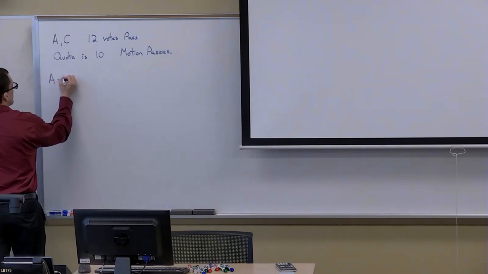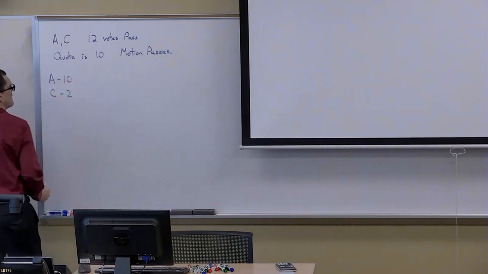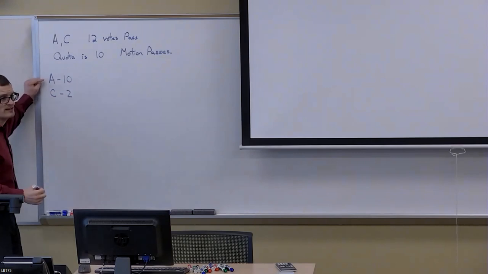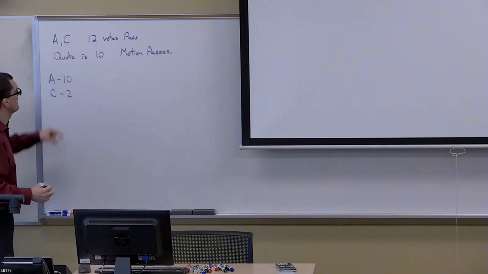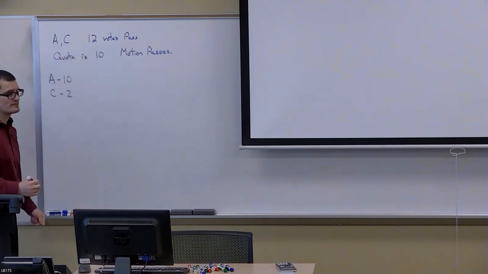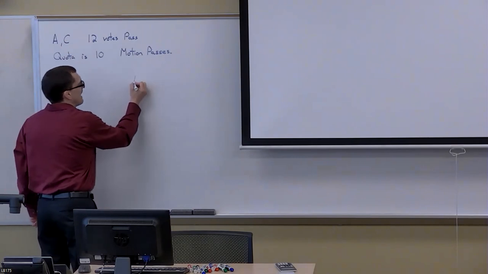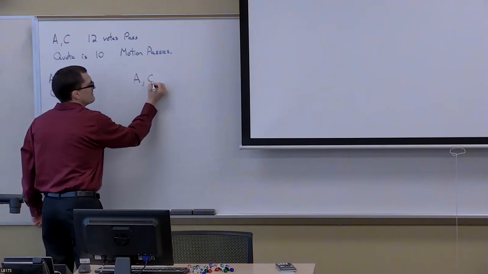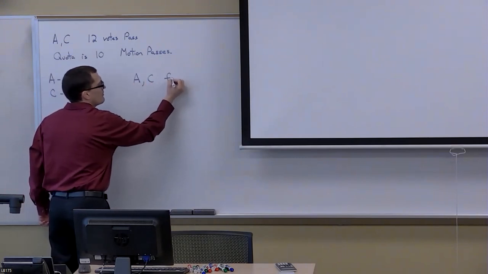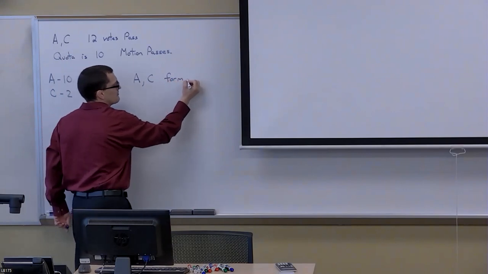Now I want to point out something. A already had 10 votes, right? C had 2, and that's where we got the 12. By the way, that means A and C together form a winning coalition.